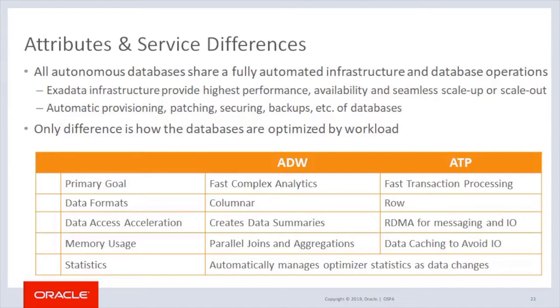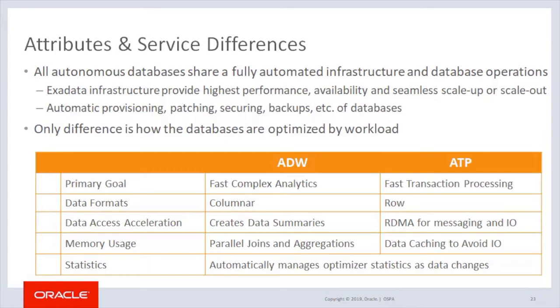In terms of memory, Autonomous Data Warehouse uses the data set to cache, so memory is used to speed up large joins and aggregations, such as group by operations. On Autonomous Transaction Processing, we use the majority of the memory to cache the active data set to avoid any I/O. We also use RDMA to access data directly in memory on the other servers in the RAC cluster.